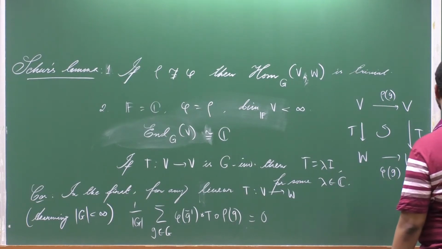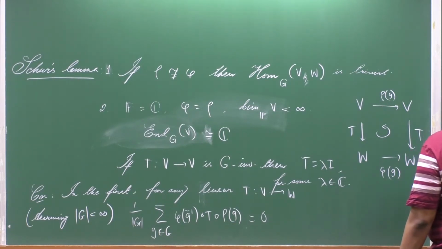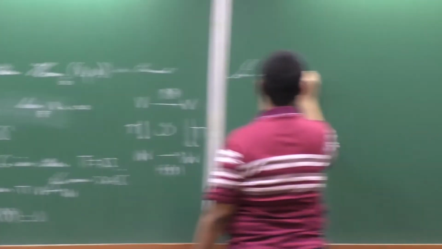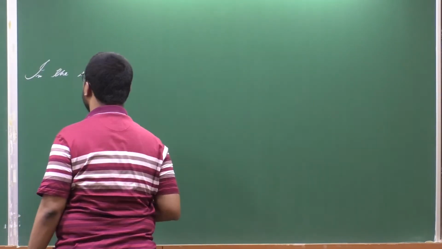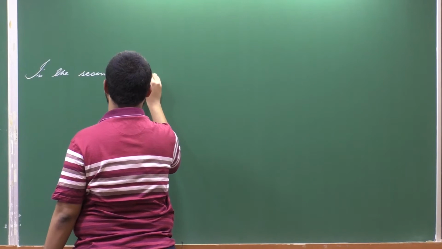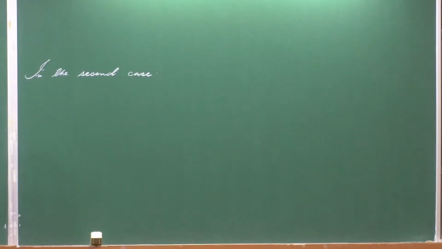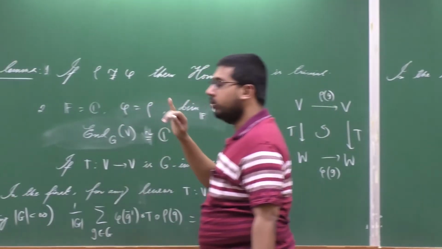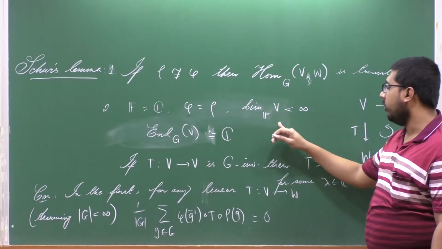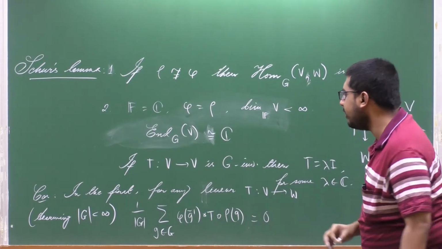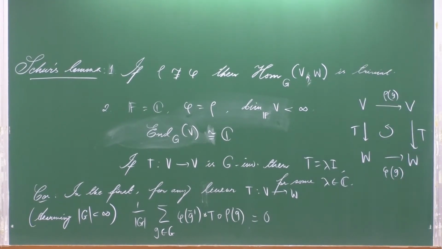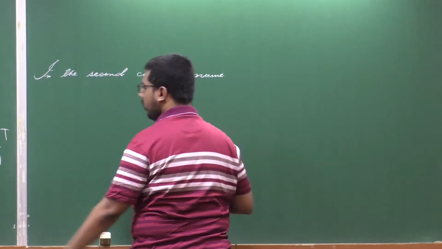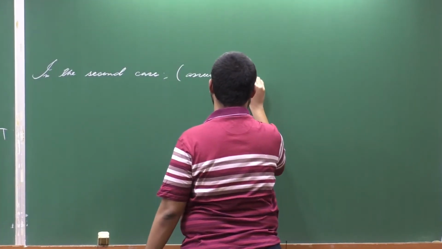And in the second case, all this we have seen earlier. When our field is algebraically closed, the representations coincide, the dimension is finite, and now we also assume G is finite.